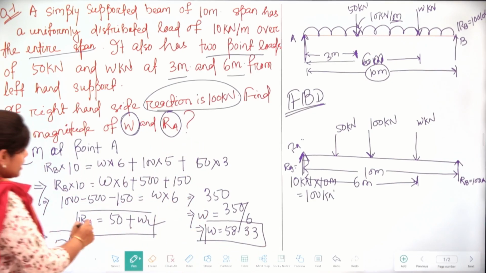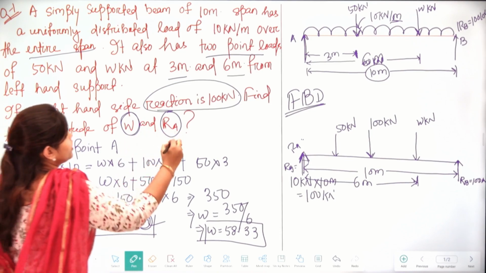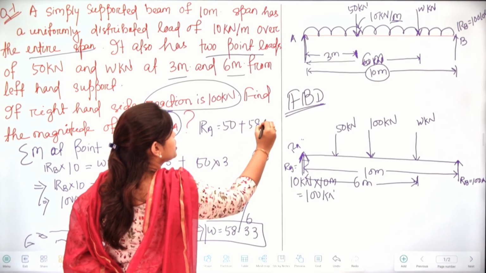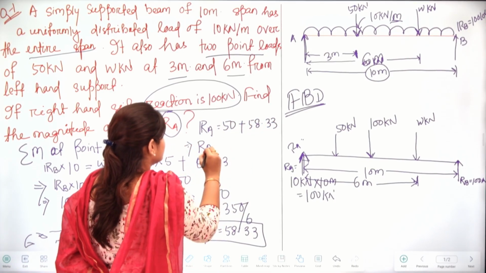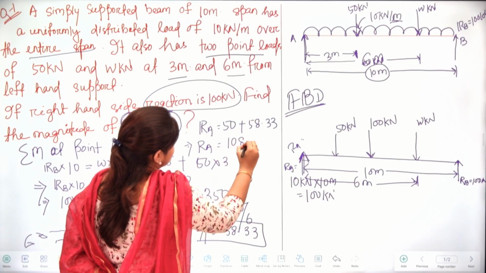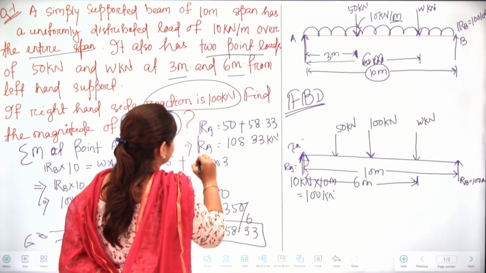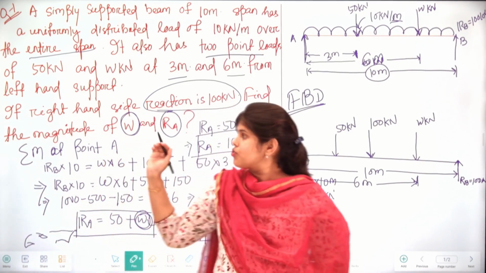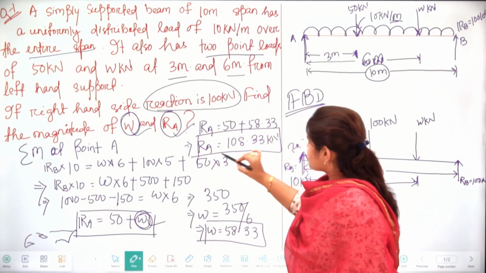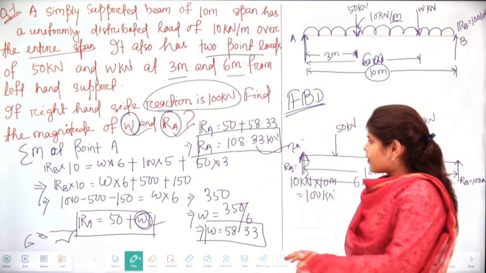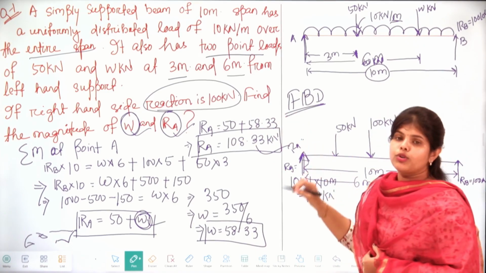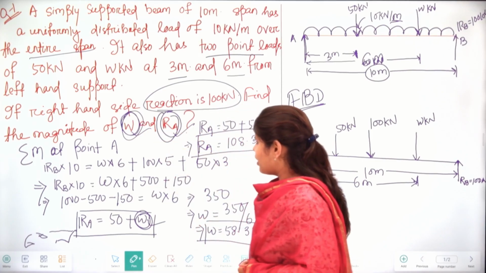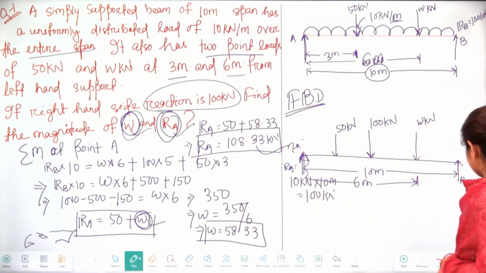Now if we put this value here, we can get RA. So RA will be 50 plus 58.33. Here you have the RA value that is 108.33 kilonewton. Okay. This question asked only about the magnitude of W and RA, which we already have. Okay. Now that we have RA, RB and W, we can calculate the shear force and bending moment, but the question asked only about the W and RA values. So let's go to the next question.